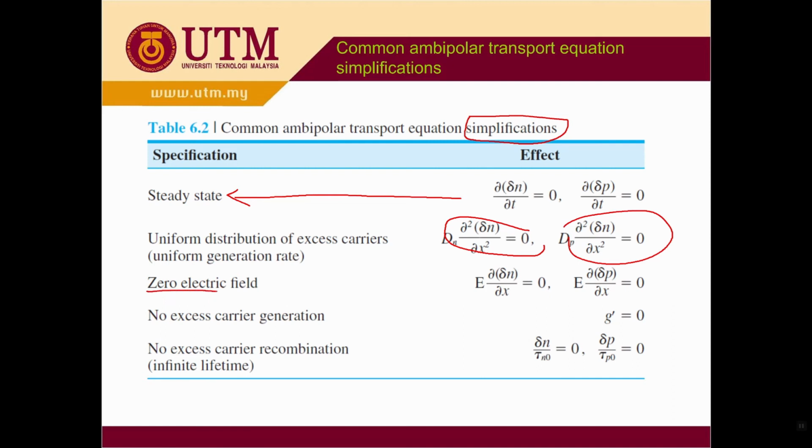Similarly, if you have zero electric field, you multiply with 0, and that term becomes 0. If we have no excess carrier generation, G prime equals 0. And if you have no excess carrier recombination, which means infinite lifetime, your delta n over tau n0 equals 0. So please take note of these important simplifications.